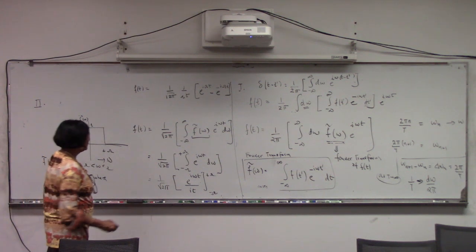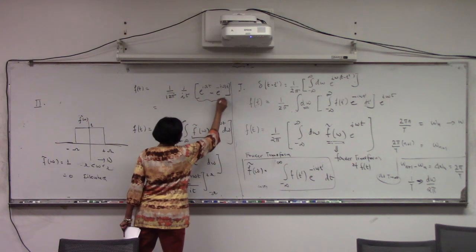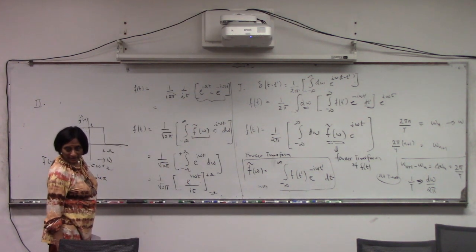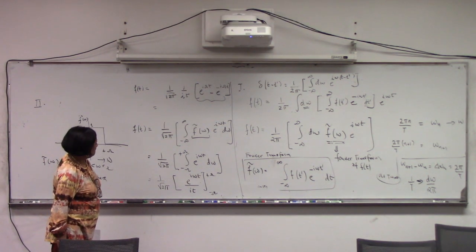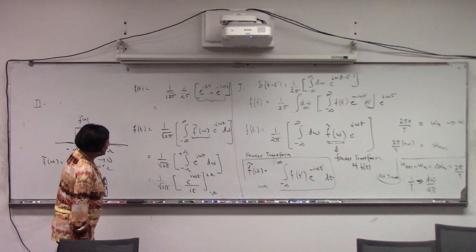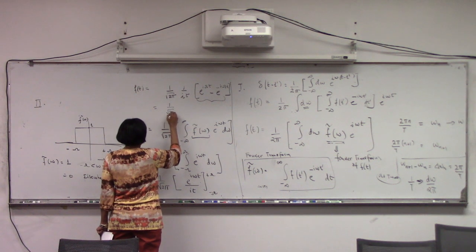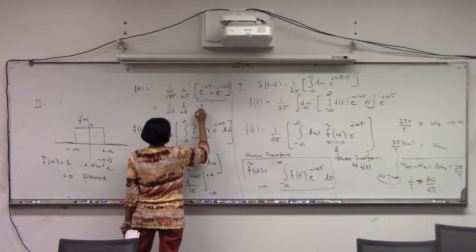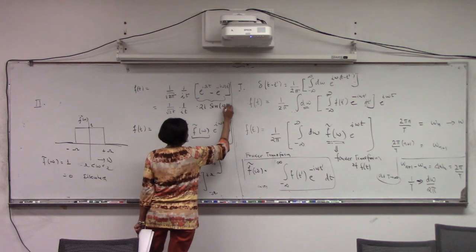Is that okay? Alright. Now, what is this quantity? Cosine plus i sine, cosine minus i sine, so it is 2i sine of omega t, right? So it is 1 over square root of 2 pi, 1 over i t, and this is nothing but 2i sine of omega t.